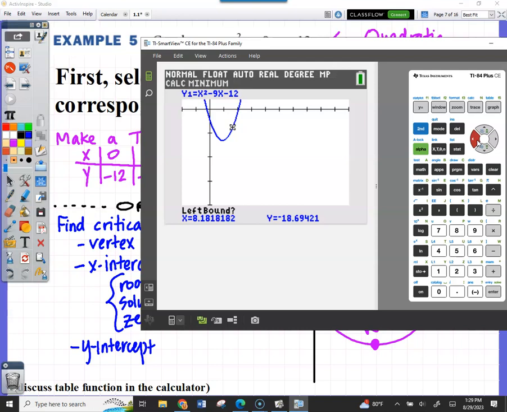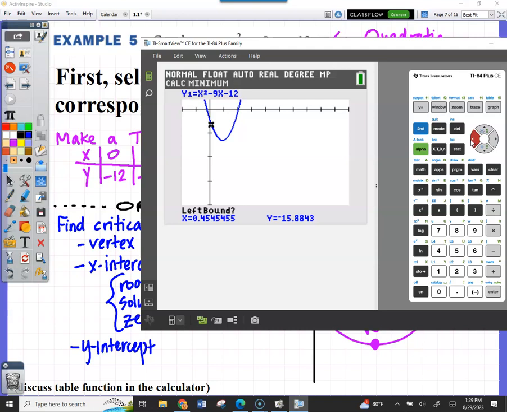So the left bound needs to be left of the vertex. So I'm going to keep arrowing till it's left of it. Doesn't matter how far left, it just needs to be to the left of it. And what we mean by to the left is we are implying reading it like a book, right?